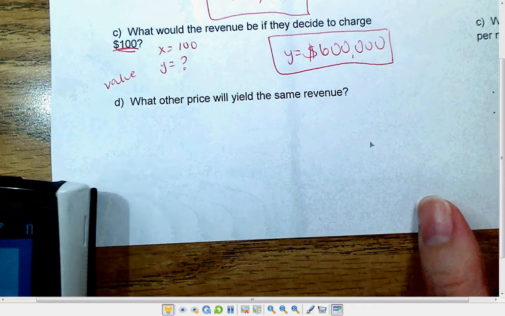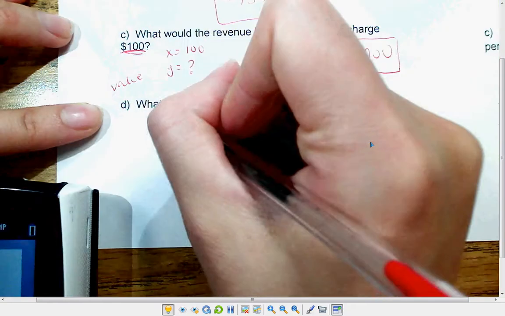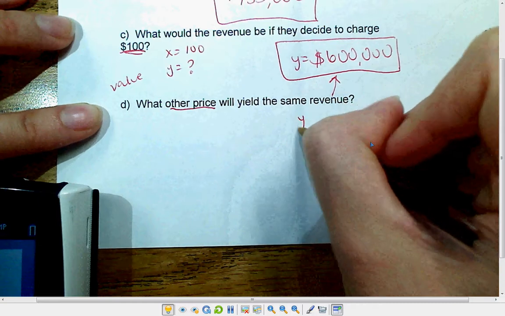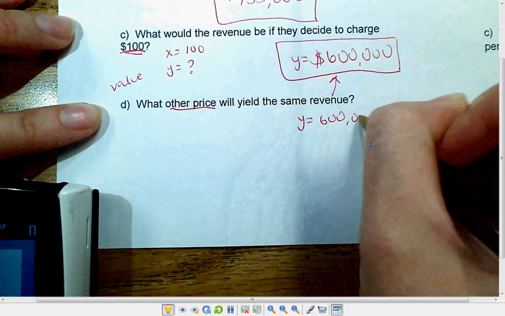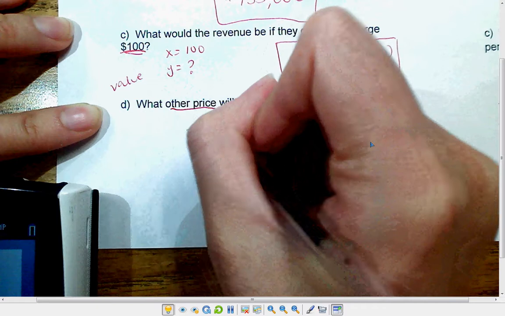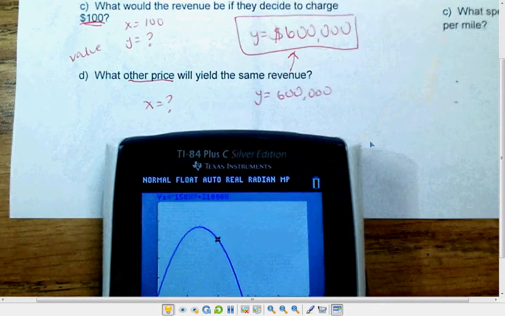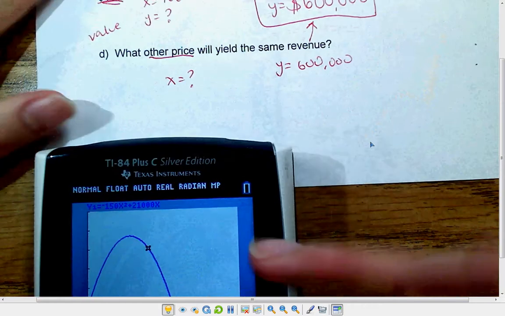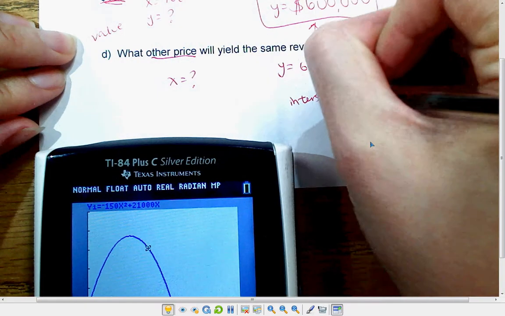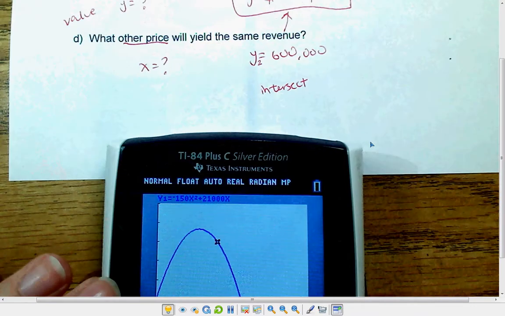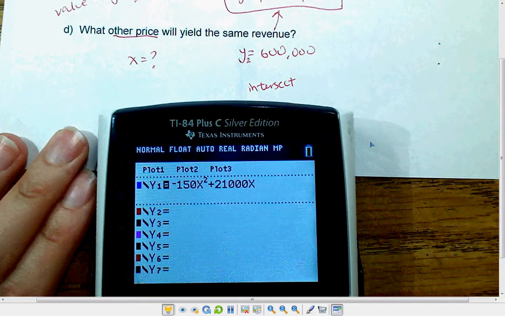Finally, it's asking us what other price will yield the same revenue. So we're looking for what other price will give us the same revenue that we just got. So if y is 600,000, what is our other x value? So this is finally showing us the last button that we should have in our calculator. We're going to be using intersect. And if we know our y, we're going to be putting y in our y equals under y2.